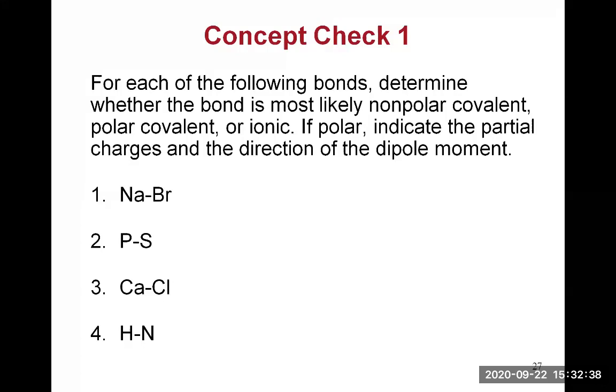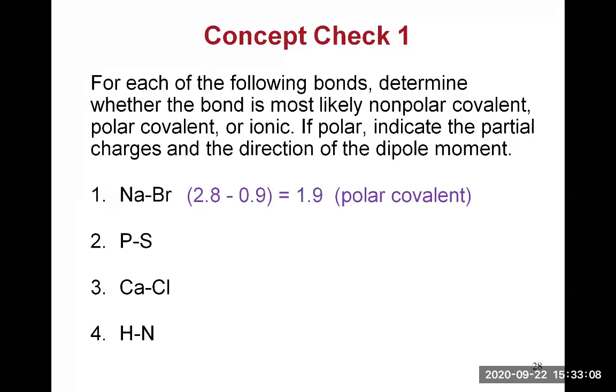So when you have this bond between Na and Br, Na is sodium, Br is bromine, find their electronegativity values in the table of electronegativities. Bromine is 2.8, sodium is 0.9. So 2.8 minus 0.9, that's a difference of 1.9. And this is considered polar covalent, right?